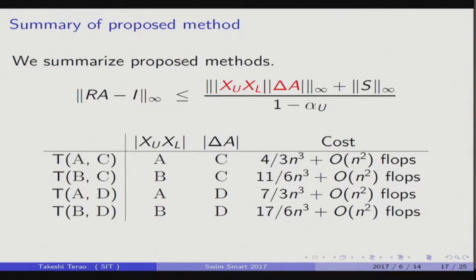We propose four verification methods. These are methods for XU times XL, and this indicates the method for delta A. This is the computational cost.